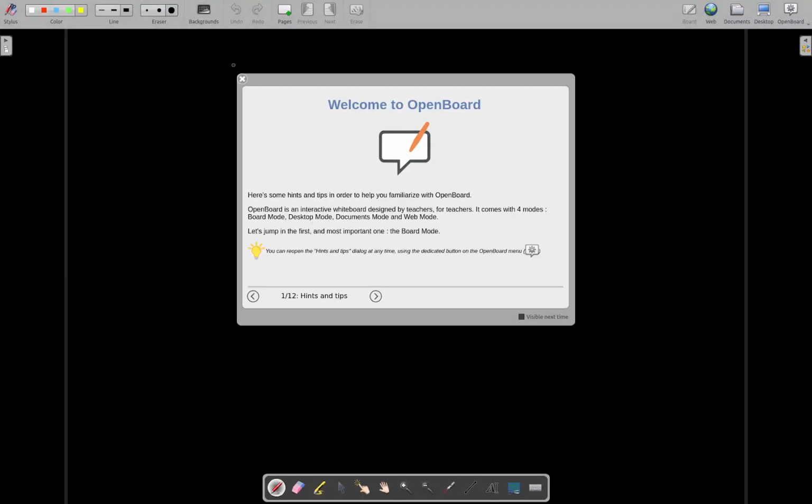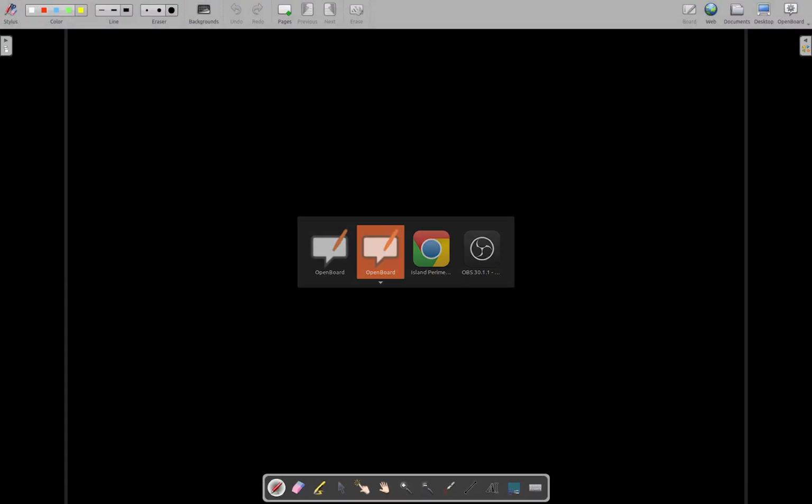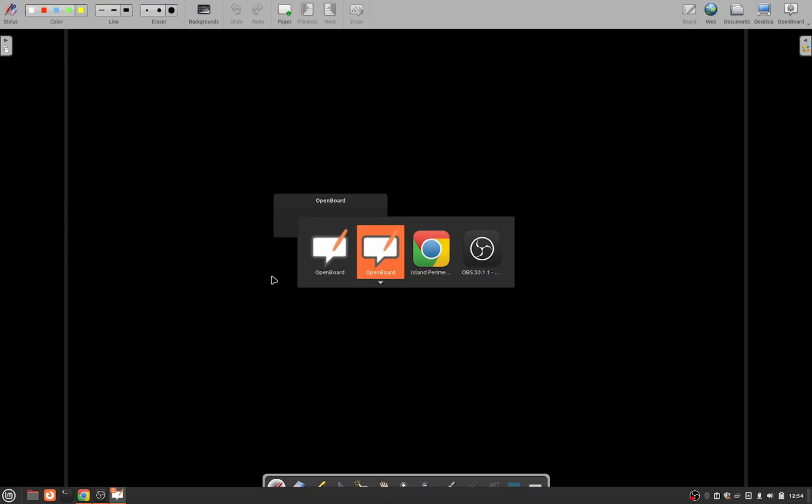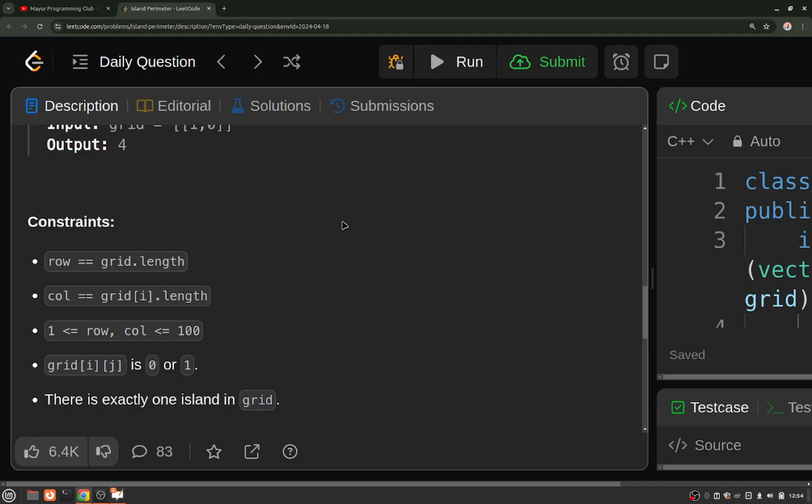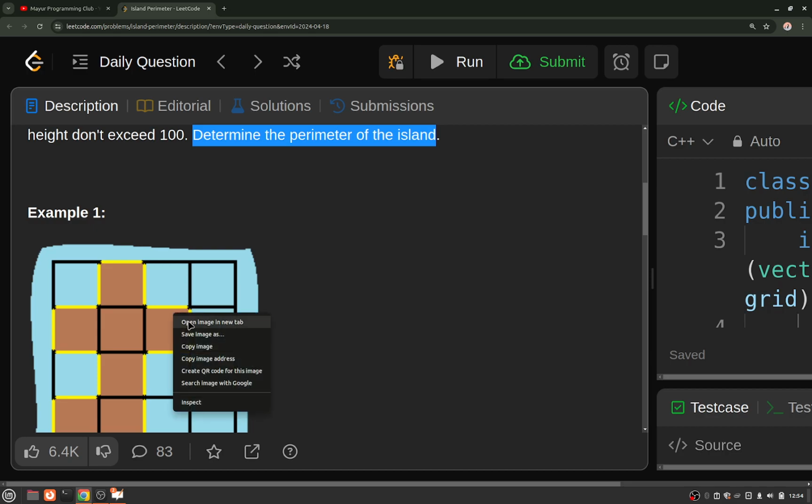For that, let's copy one of those examples that were provided to us. So let's copy this one.